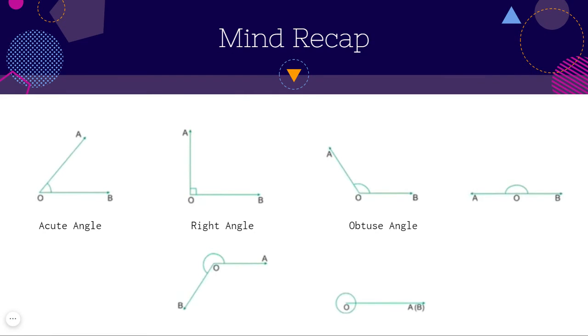Third one is an obtuse angle. Fourth one, a straight angle. Fifth is the reflex angle. And the last one is the complete angle. This is how you can recap all of the angles together.